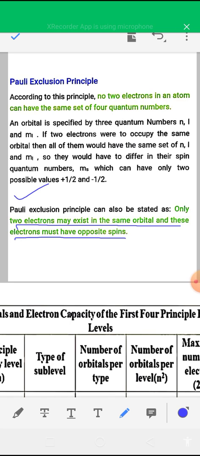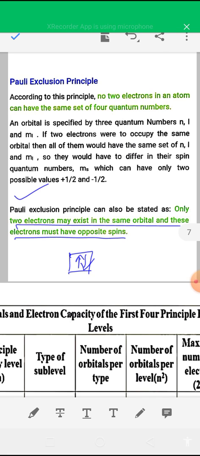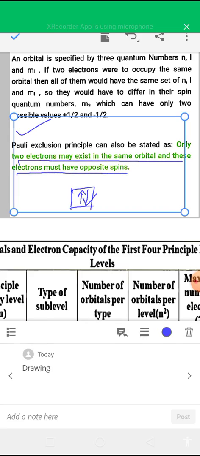Only two electrons can exist in the same orbital with opposite spin. This is according to the Pauli exclusion principle.